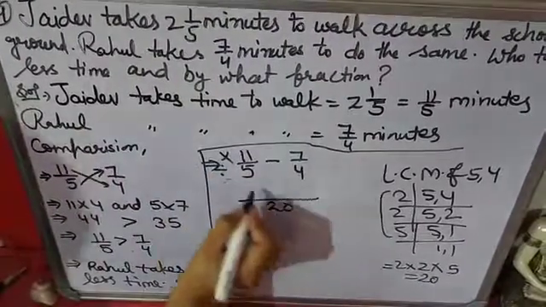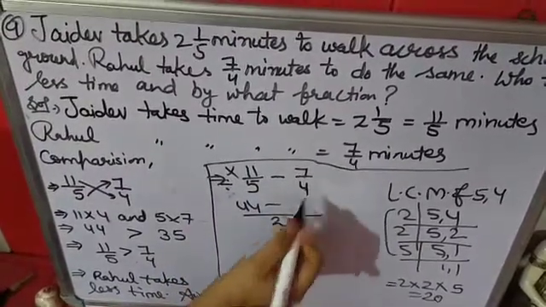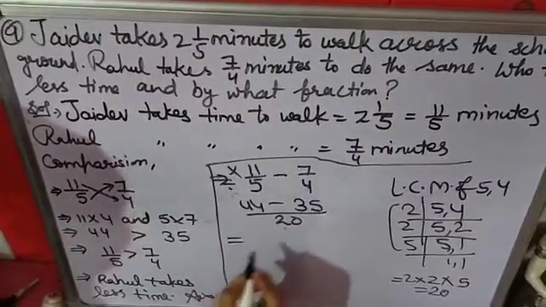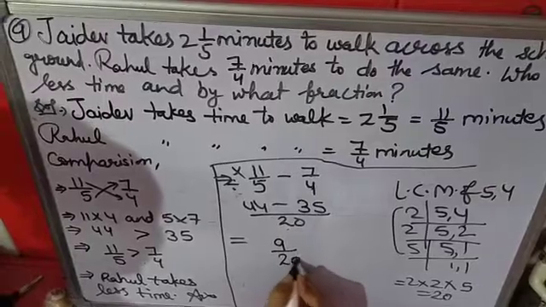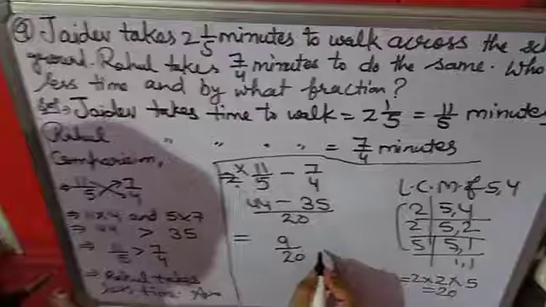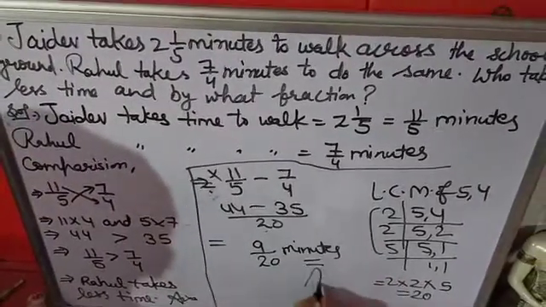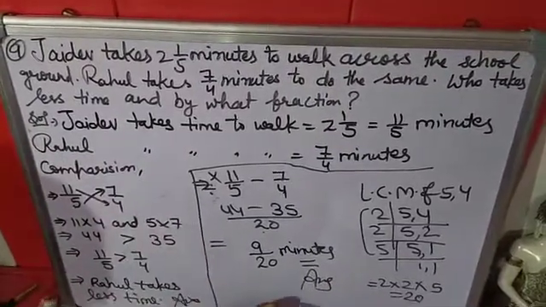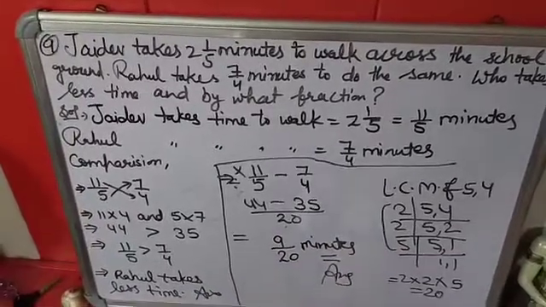Divide, multiply. 20 divided by 5, 4. 4 11s are 44. 20 divided by 4, 5. 5 7s are 35. Do minus. What will come? 9. 9 upon 20. So 9 upon 20 minutes. Answer: Rahul takes less time, by 9 upon 20 minutes.